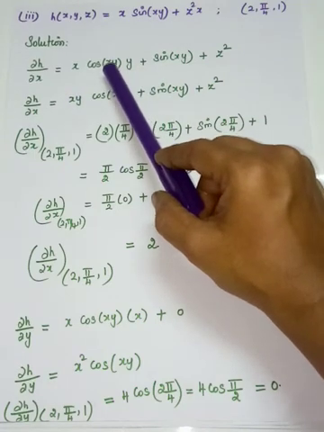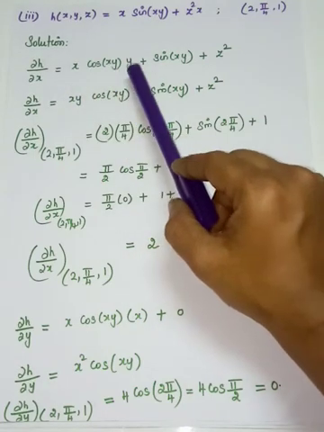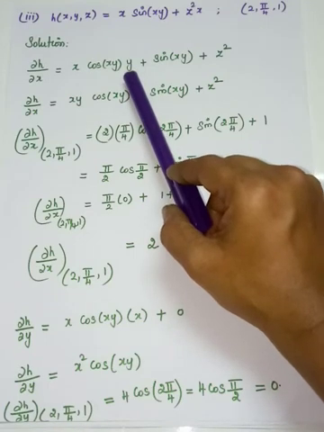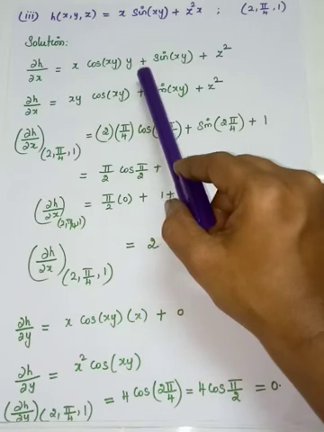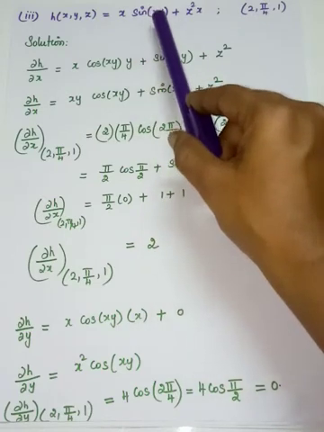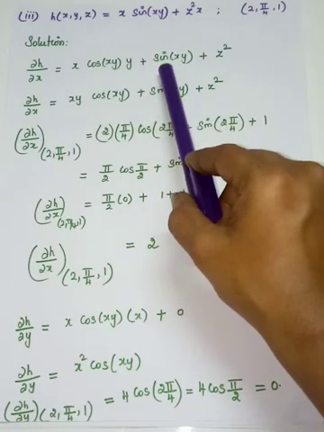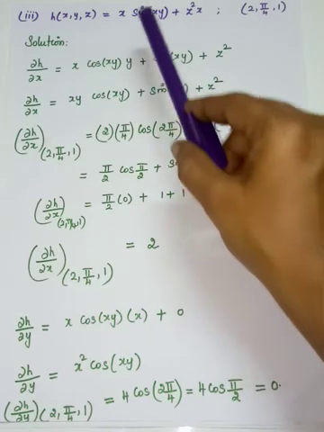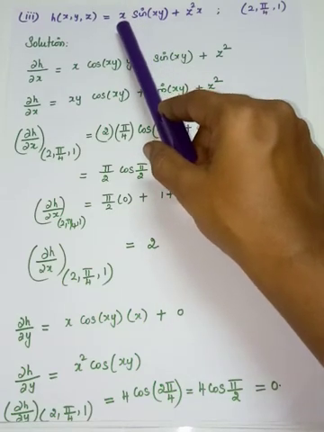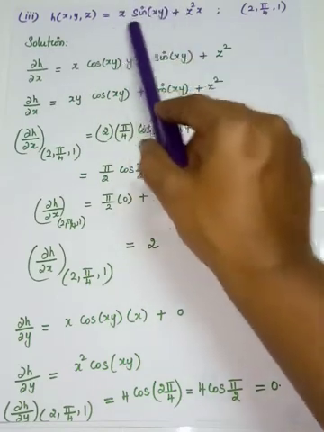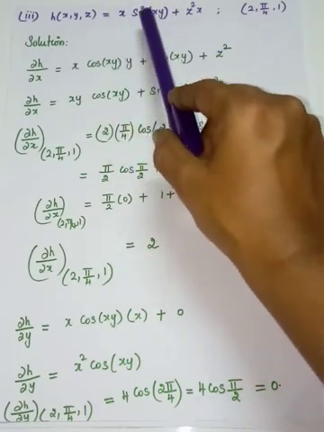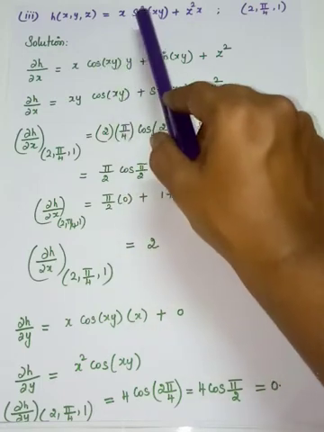What is remaining? x, whose differentiation is 1. So here you are having y. So product rule, first term I have cleared here, plus what's the second term? The second term has to be written as it is. Sine of xy is written as it is, and you have to differentiate x with respect to x, so it is 1. So I have completed the product rule for this term.